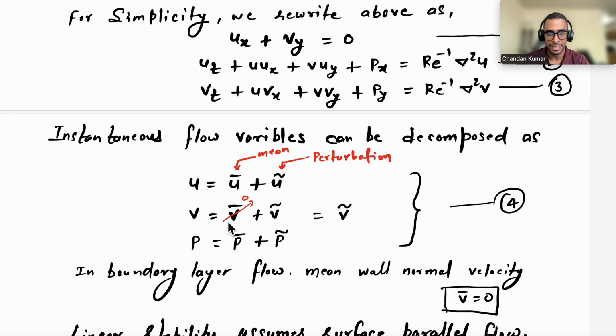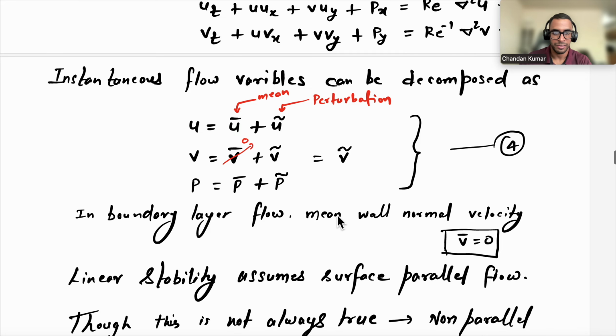And since we showed earlier that in the boundary layer there is no wall normal velocity, we assume here that we can neglect the mean wall normal velocity as 0, so the instantaneous v is just a perturbation.